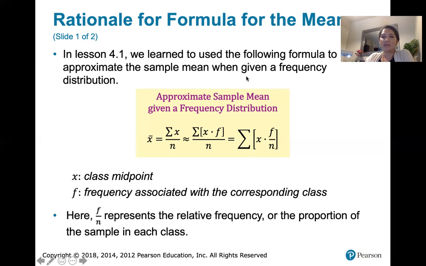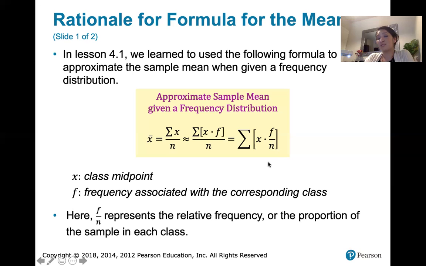But now let's think about what that frequency divided by n means. That is the number of data values in a particular class divided by the total sample size. So let's say that there were 17 out of 100 that were in a certain class.